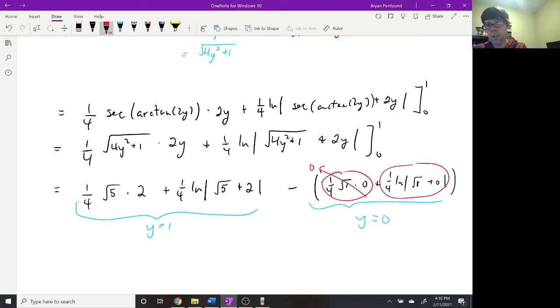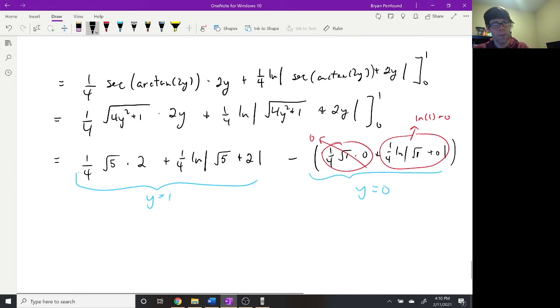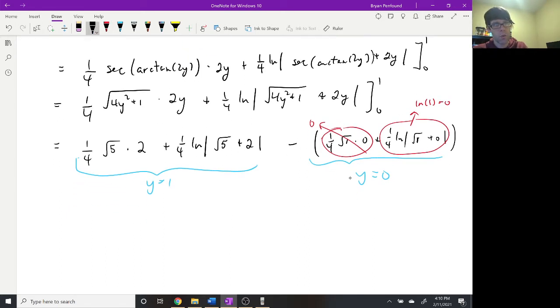And in the other expression we get the natural logarithm of 1, which is equal to 0, so that disappears as well. We're left with all of the stuff from the y equals 1 section. Simplifying that, we get square root 5 over 2 plus the natural logarithm of root 5 plus 2, over 4. That is how to finish up that integral and get what we call an exact answer.